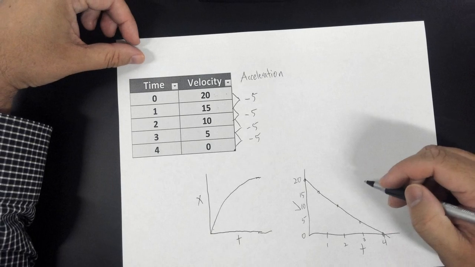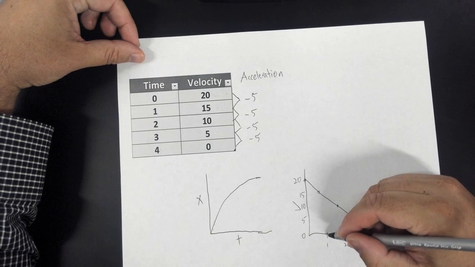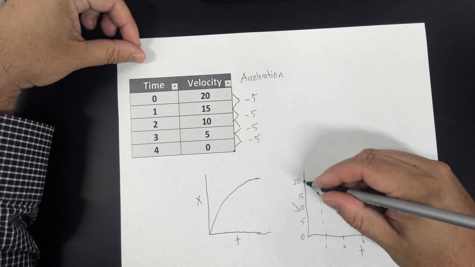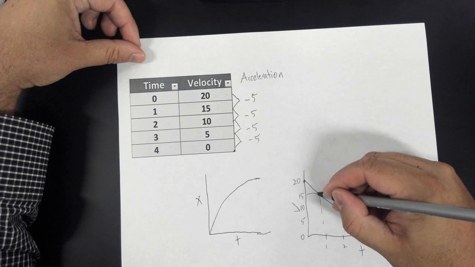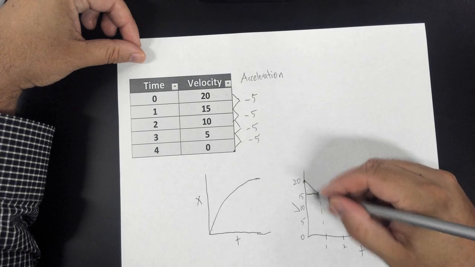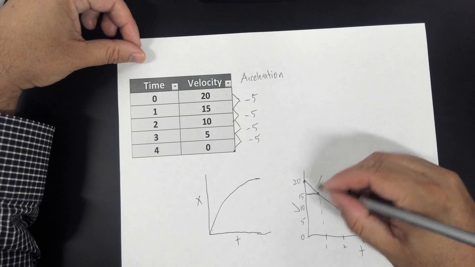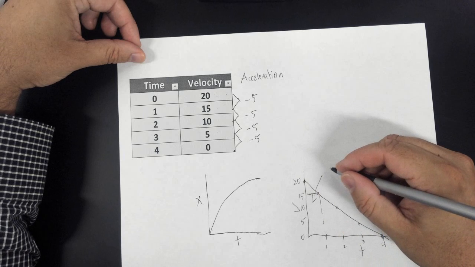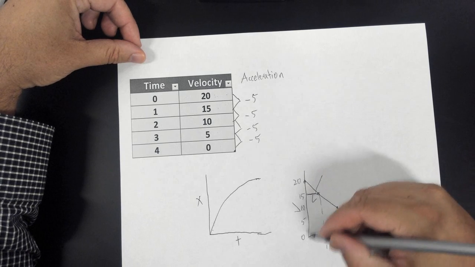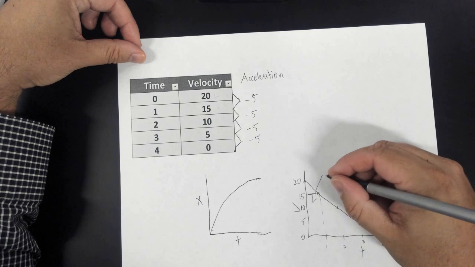So if you want to find the position at 1 second, you'd have to find the area of this shape right here. That is a little triangle here and a rectangle here, so you have to add those together. This rectangle is going to be 15, because 1 times 15.